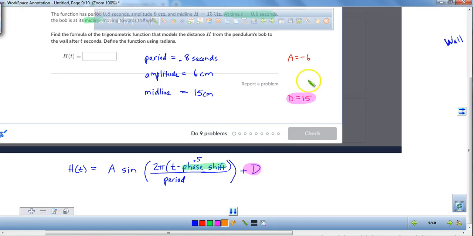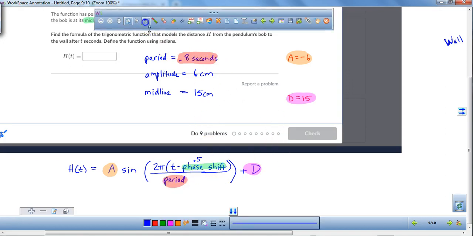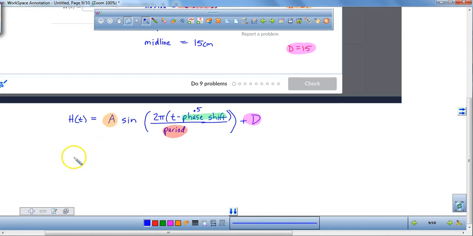The a value, which is negative 6, because our amplitude was 6, but it's going towards the wall, which makes it a negative 6, because it's going towards the wall, not away from the wall. I'm going to plug in a negative 6. And the period is the easy one right here. The period is just 0.8. So I'm going to put 0.8 right there.